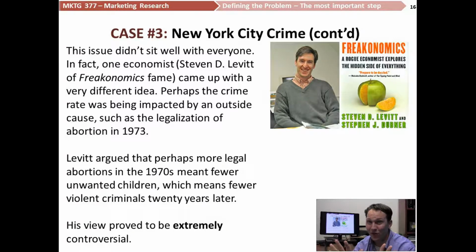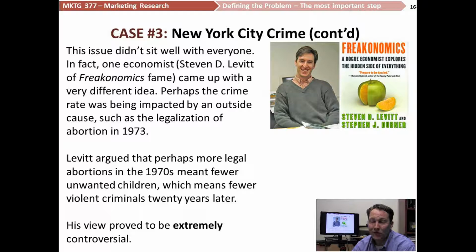Now, I'm going to qualify this by saying, first of all, I'm not sure I agree with this theory. It's really interesting, I'm not sure I agree with it. And secondly, I'm not attempting to take any kind of political stance here. So whatever your feelings of abortion are, this is what Stephen Levitt had to say, not what Sean Jordan has to say, okay? But the idea was that in 1973, Roe versus Wade legalized abortion and to a large degree destigmatized abortion.